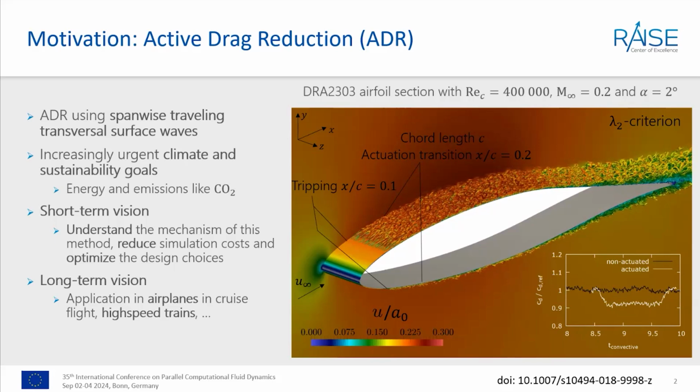In the short term, we are investigating in different directions. From the Aachen side, they are looking at understanding the mechanism behind this reduction in drag, looking at this more from the fundamental side, and also, for instance, optimizing the design choices using Bayesian optimization techniques.